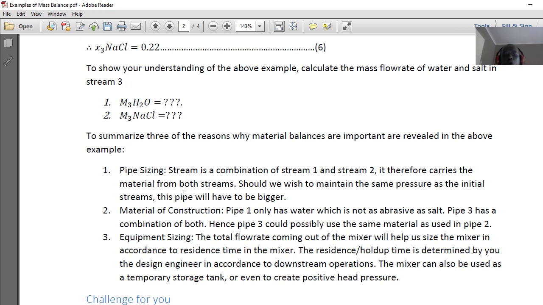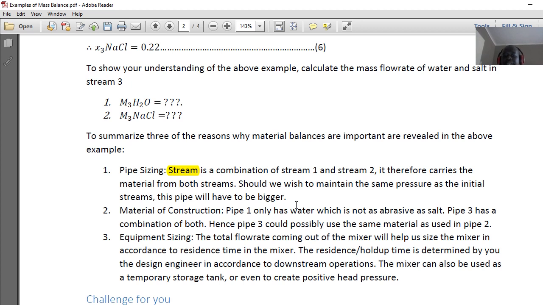But then the things that I wanted to look at now were your pipe sizing, where the stream 3, sorry, that was supposed to be stream 3 there. Let me highlight that as well so that I can fix these little things for you in the final document. It's a combination of stream 1 and stream 2. What does that mean? It means that stream 3 is bigger than the two of them combined.